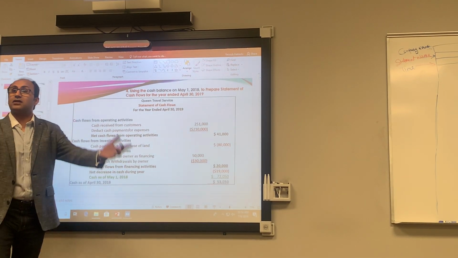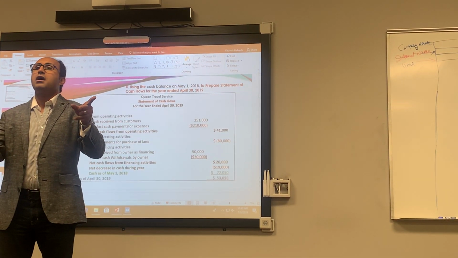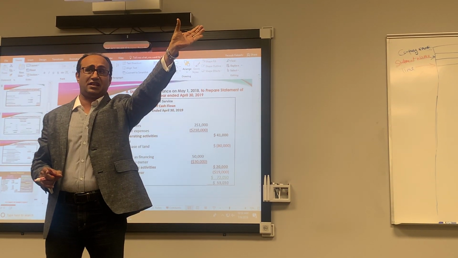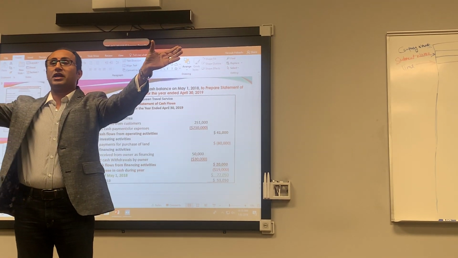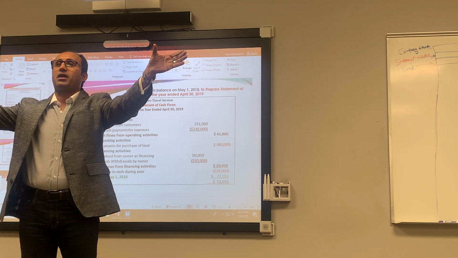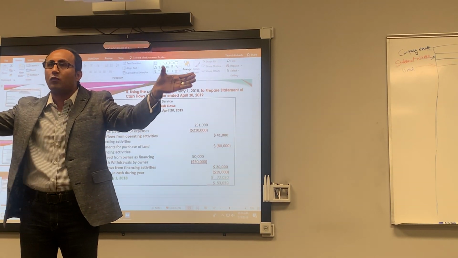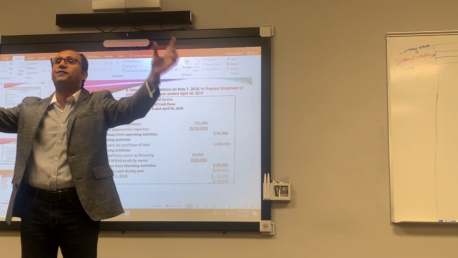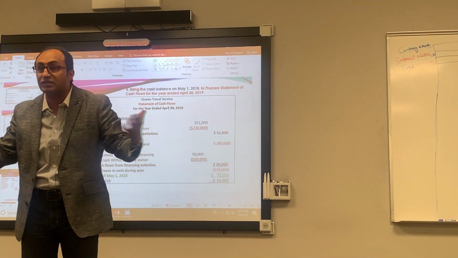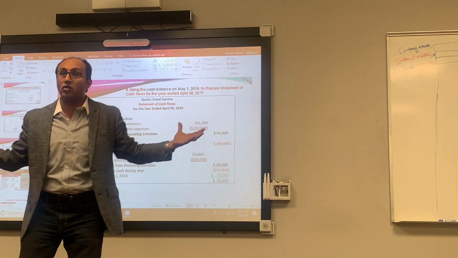Yes. As I mentioned before, the cash in the balance sheet must equal the cash flow statement number. If this number is not equal, you made a mistake. You have to go over each statement to see what mistake I made.